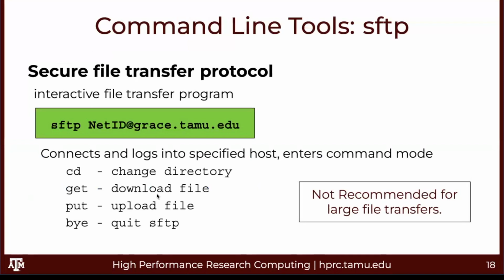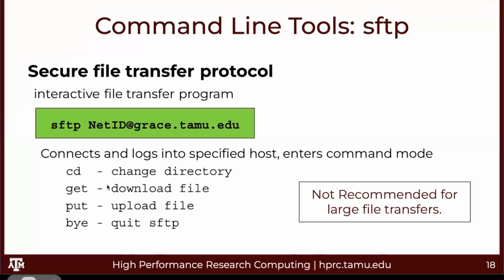So the first command that we'll cover is the SFTP command, which stands for Secure File Transfer Protocol. And it allows you to essentially connect to a host, for instance, in this example, to Grace. And when you connect to this host, it will provide an interactive shell similar to that Linux shell, where you will be able to use some of these commands below to, for instance, download files or upload files on that machine.